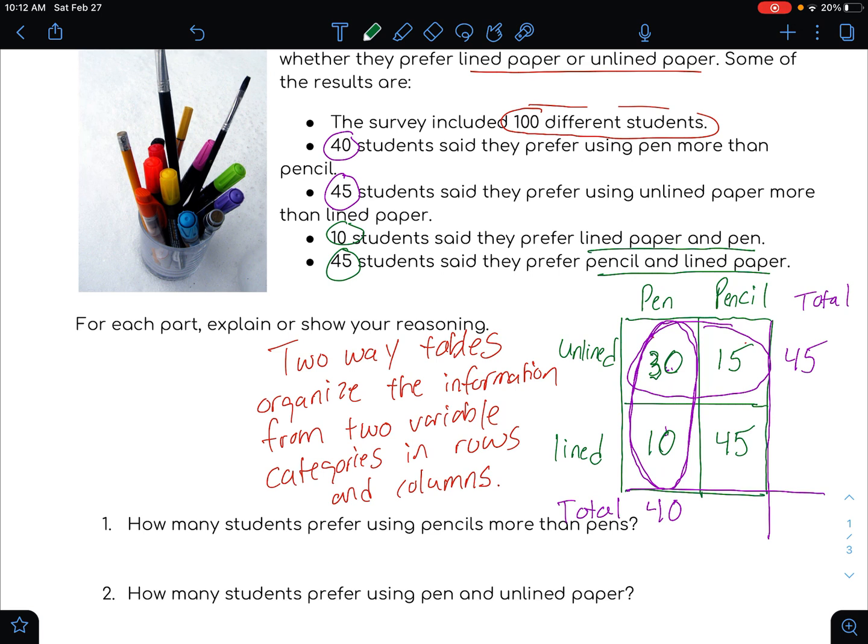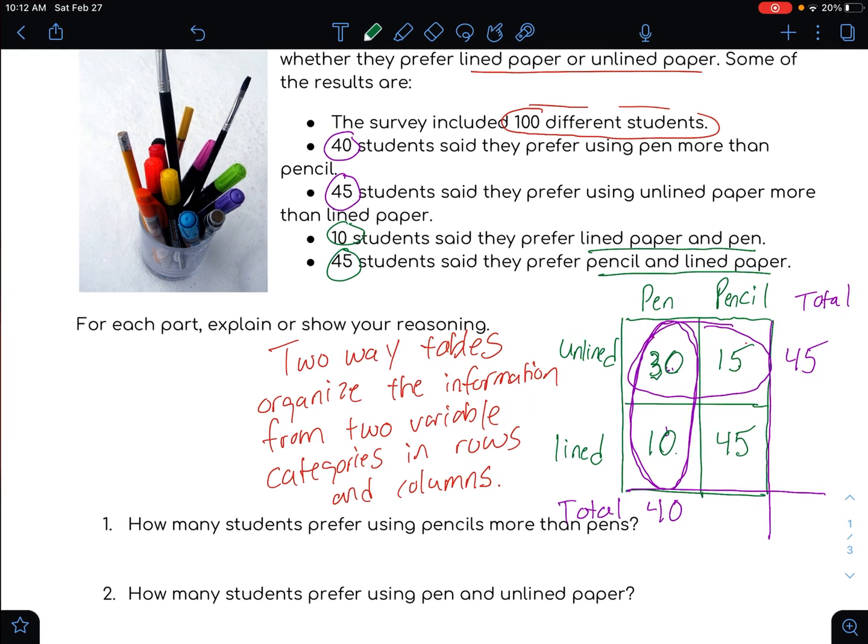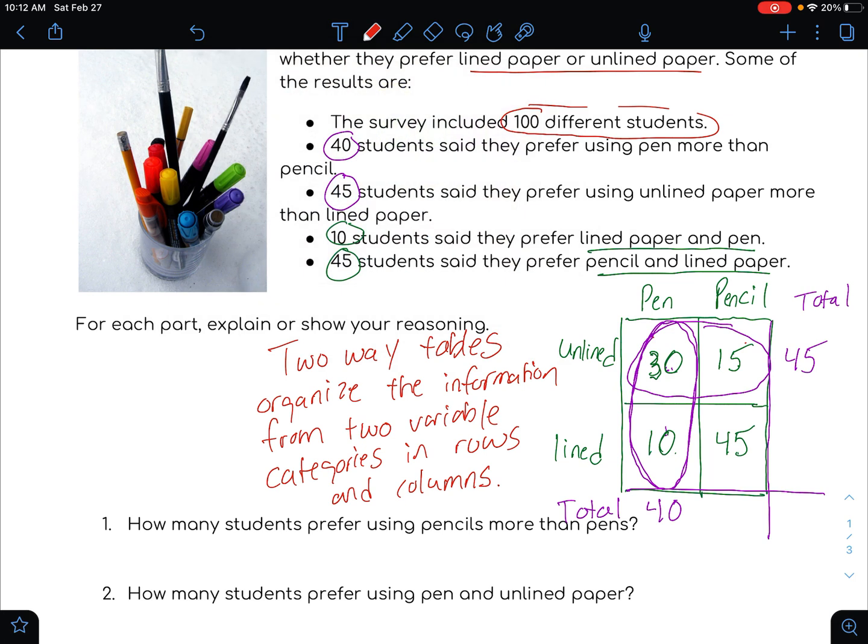All right, now we have all of the inside of our two-way table filled out. And you'll notice if we add up all of these pieces, 30 plus 15 plus 10 plus 45, that does all add up to 100. And we talked about how there's 100 total students here. So I'm actually going to put that 100 down here and tally up the rows and the columns now as well.